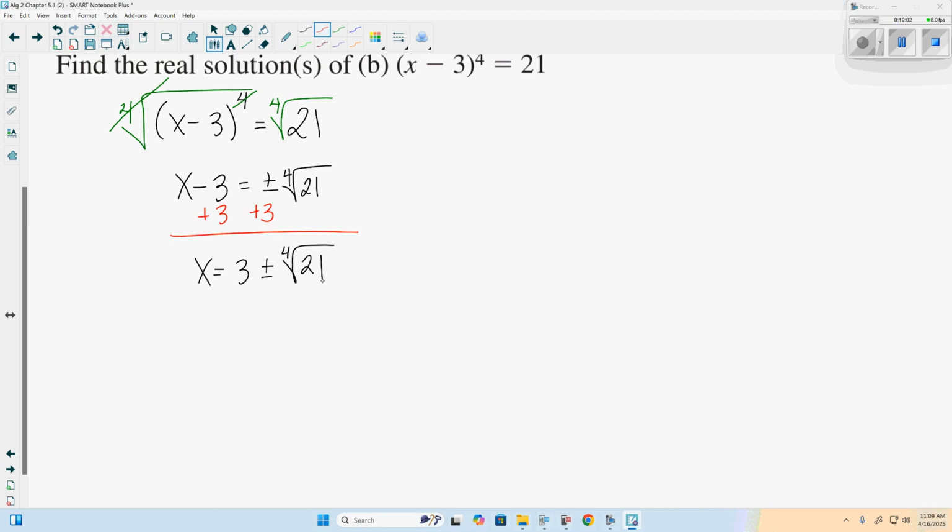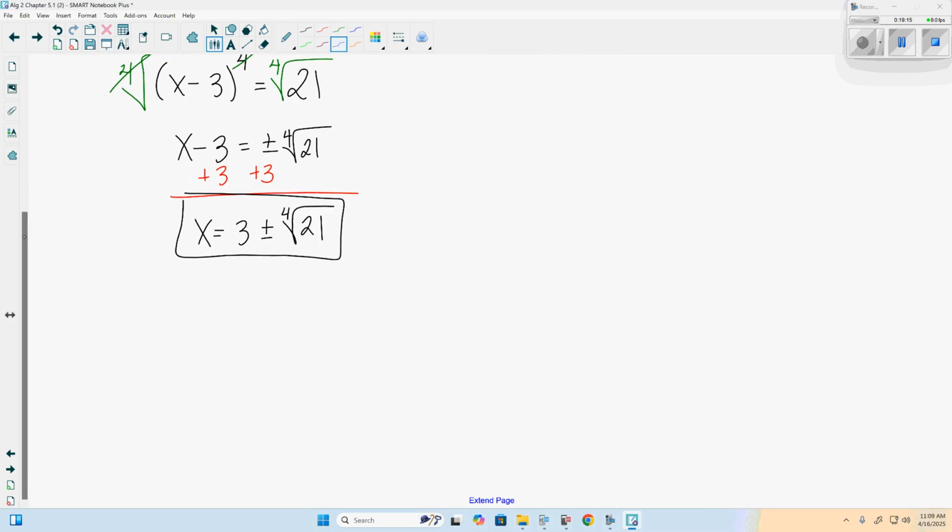And this here, x is by itself. We have solved it. This is done. So for us here, x is equal to 3 plus or minus the 4th root of 21. We could rewrite it as 2 expressions because really this is 2 separate statements. That x is equal to 3 plus the 4th root of 21 and x is equal to 3 minus the 4th root of 21.